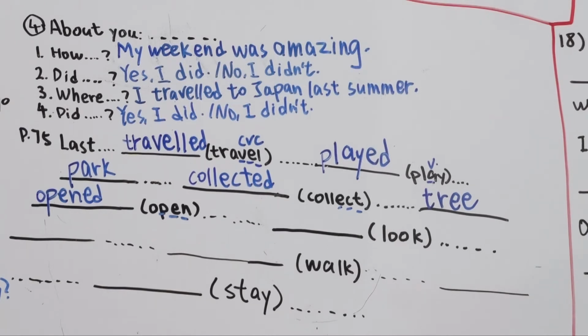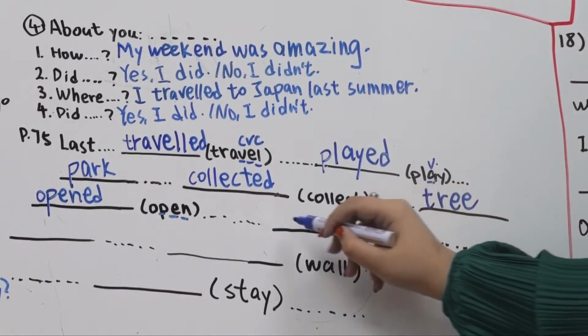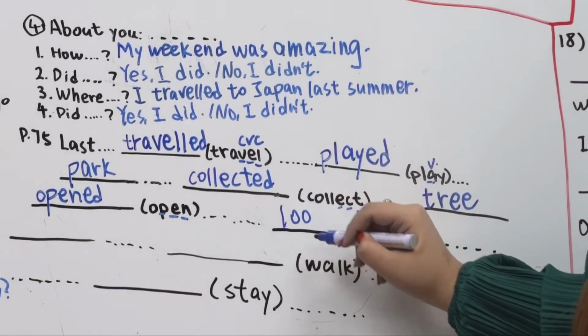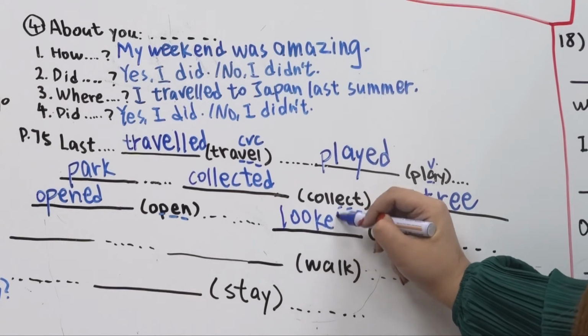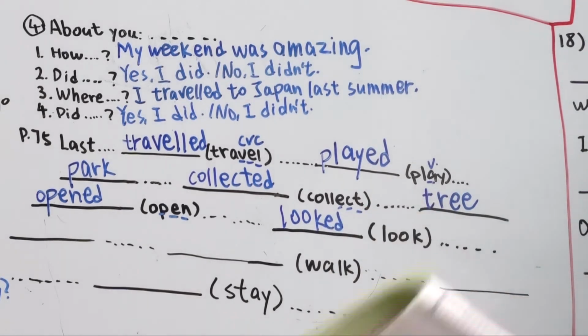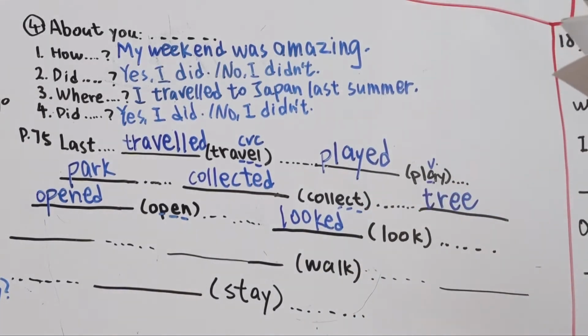Alright, let's start. We space at the map. Look becomes looked. Ed, adding ed is enough, no special rules. There was a space cross on it.